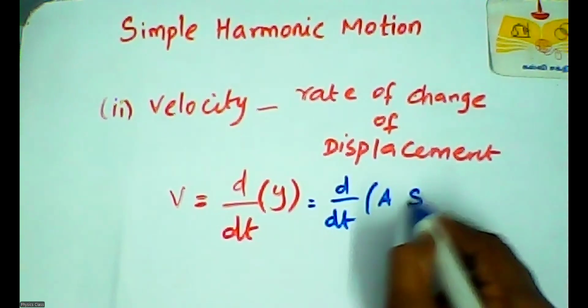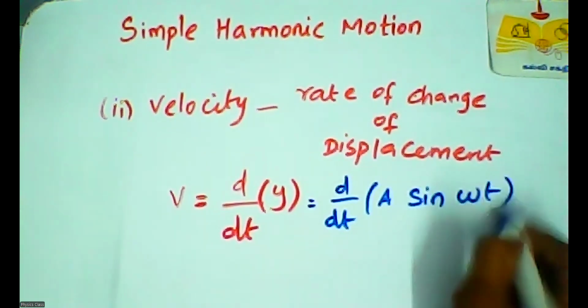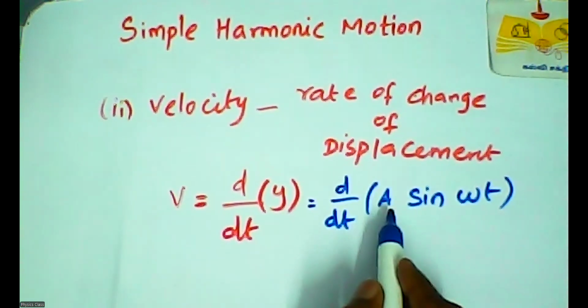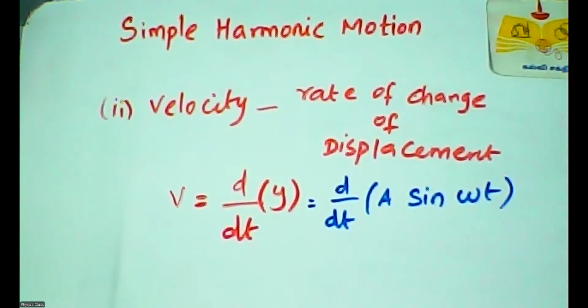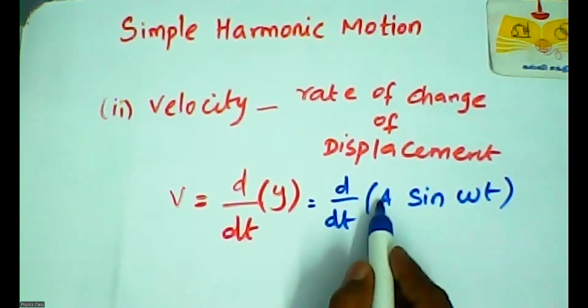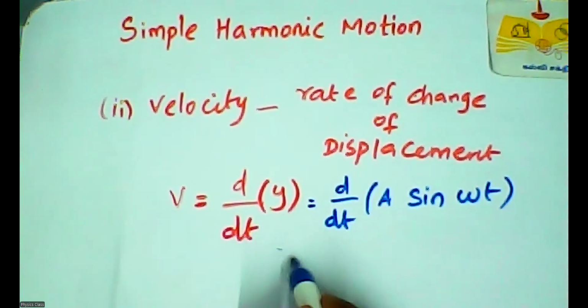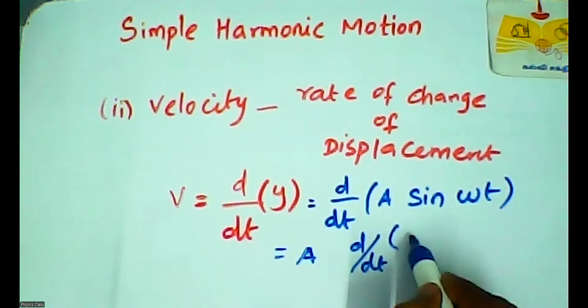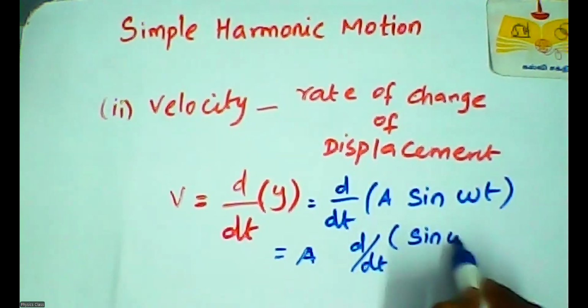A sine omega t. A is the radius, which is the constant term here, because for the circle the radius does not change every second. So radius is constant, and we take it out: A d by dt of sine omega t.